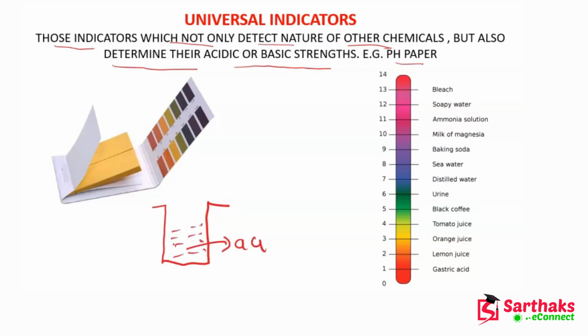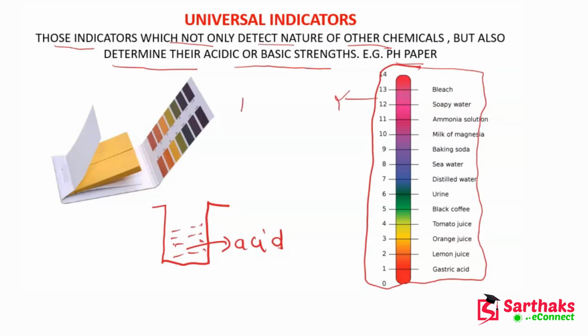All you have to do is tear this paper and then dip it into this acid. When you dip it into the acid, the color of the pH paper will change. Now you have to match this color against this scale. This is basically the pH scale.